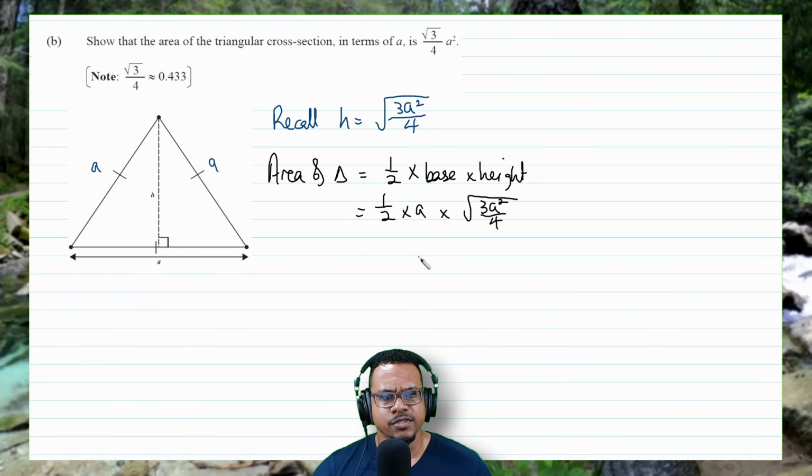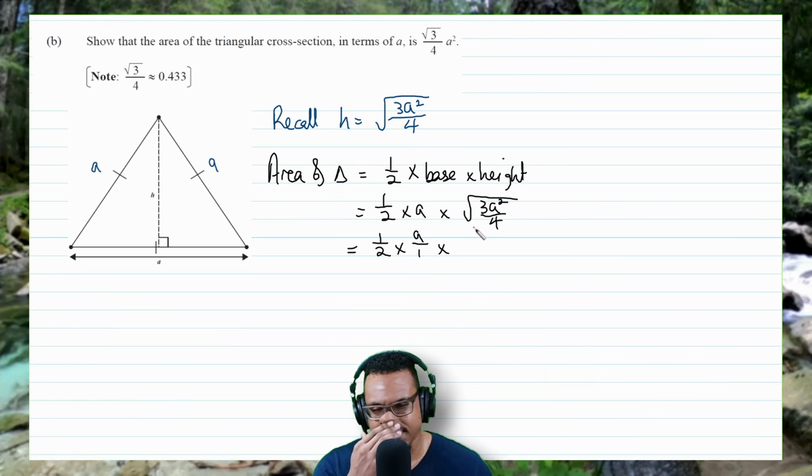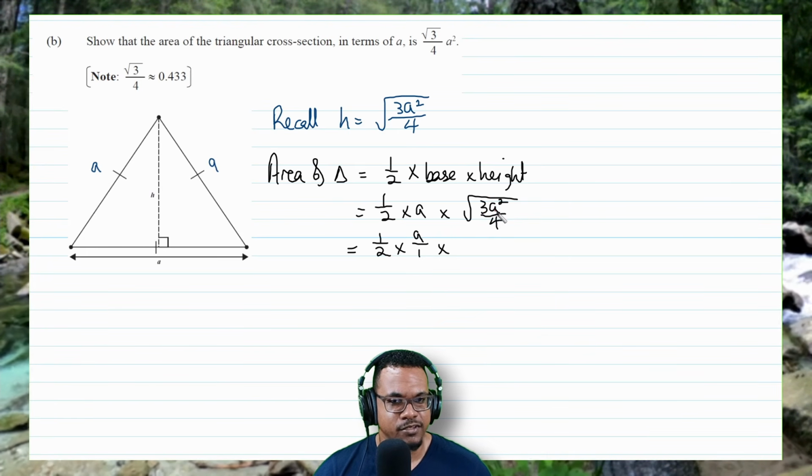What I can do is start simplifying here. I can leave this as a half, multiplied by a over 1. I can simplify a little bit here. We could write this as the square root of 3 times the square root of a squared over the square root of 4.